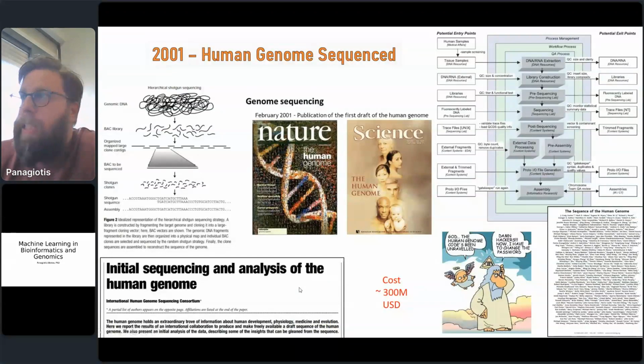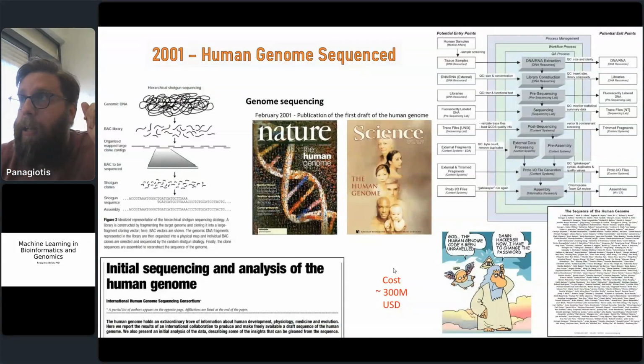So they essentially published their genomes at the same time in February 2001. One was published in Nature and one was published in Science, the two big journals. So this really brought us, with a new millennium, to genomics being revolutionized.